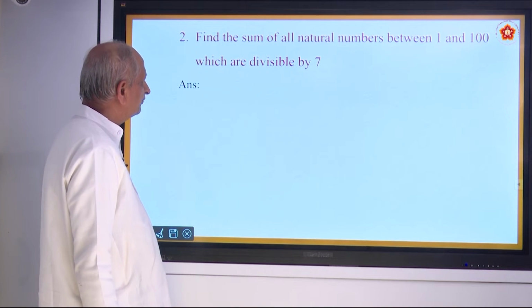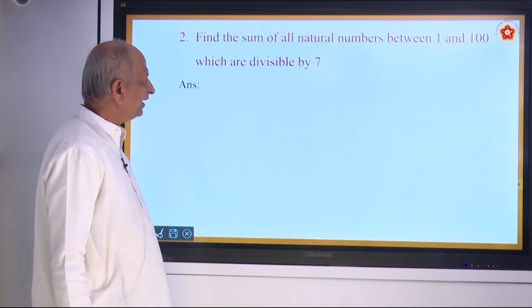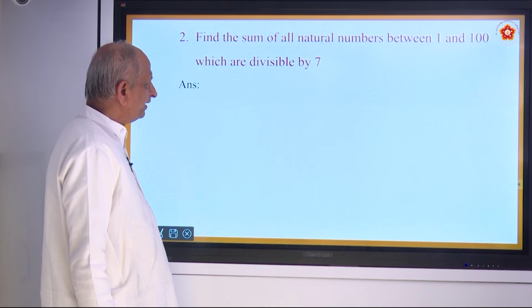Coming to next question. Find the sum of all natural numbers between 1 and 100 divisible by 7.